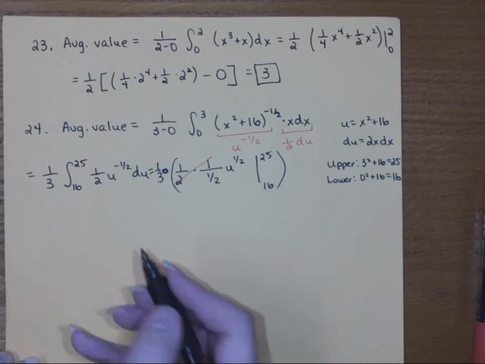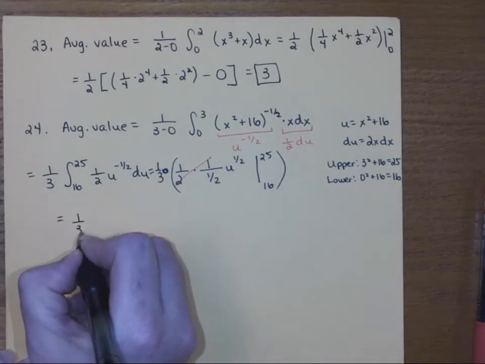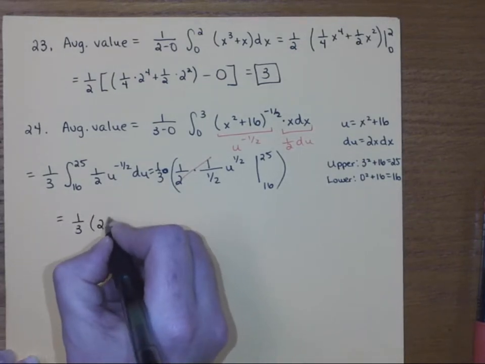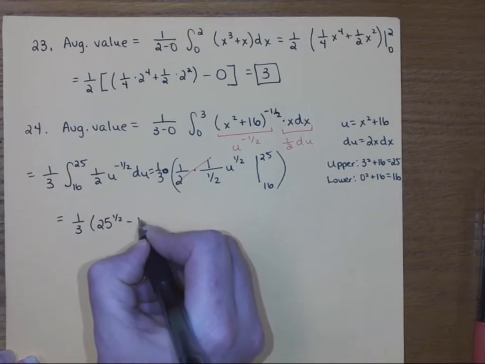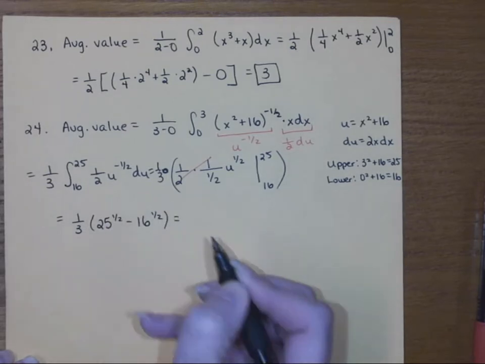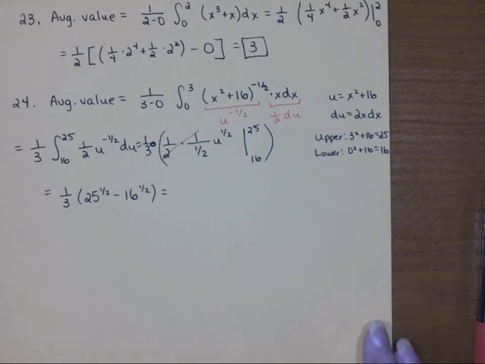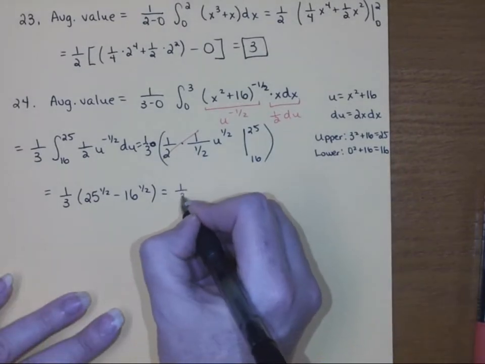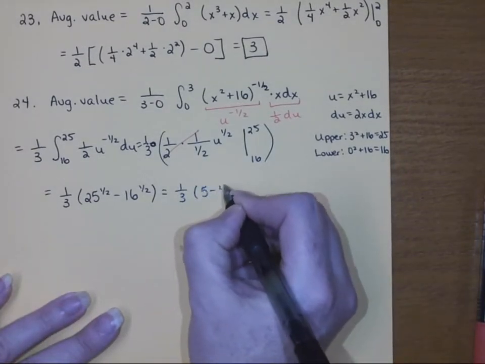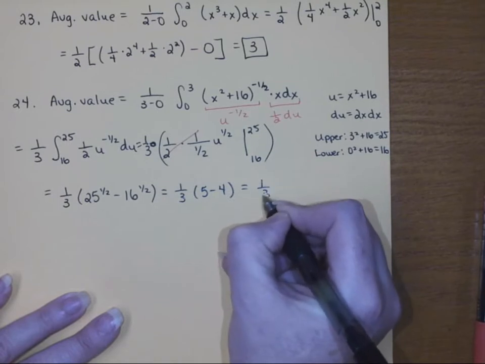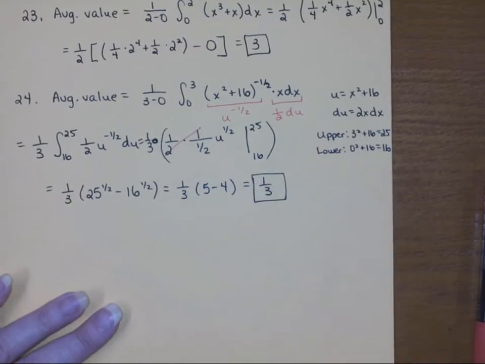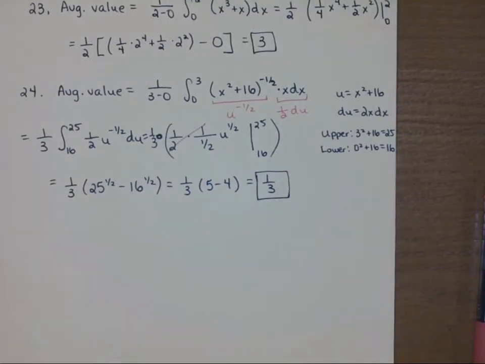That's just 1. So this is going to be 1/3 times 25 to the 1/2 minus 16 to the 1/2. But 1/2 power just means square root. So it's going to be 1/3 times parentheses 5 minus 4, or just 1/3. So the average value in this case over the interval from 0 to 3 is just 1/3.